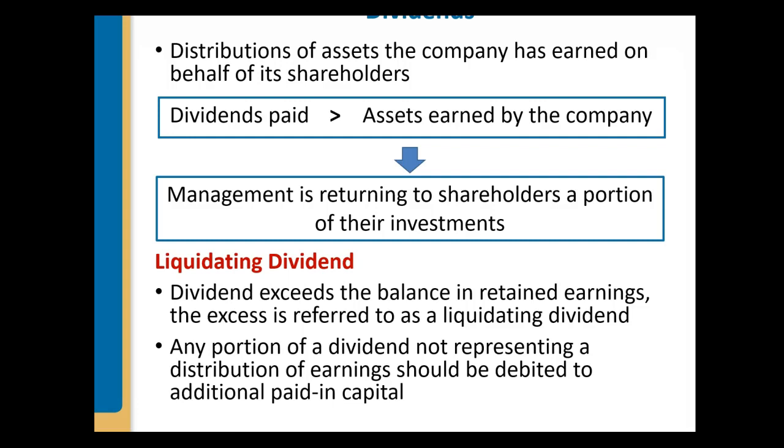This might occur when a corporation is being dissolved and assets that aren't subject to a superior claim by a creditor are distributed to shareholders. Any portion of a dividend not representing a distribution of earnings should be debited to additional paid-in capital rather than to retained earnings.